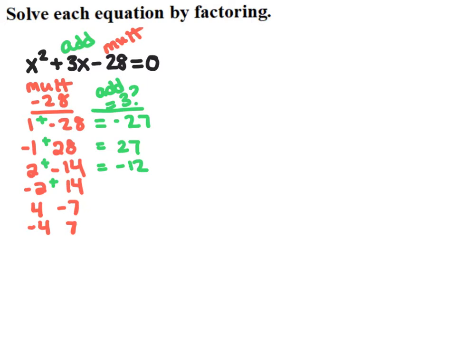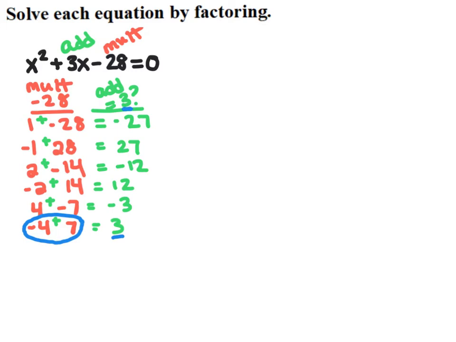Negative 2 and 14 gives positive 12. 4 and negative 7 gives negative 3. And negative 4 and 7 gives positive 3. The pair of numbers that adds to equal positive 3 is the last example. So our two numbers are negative 4 and 7.